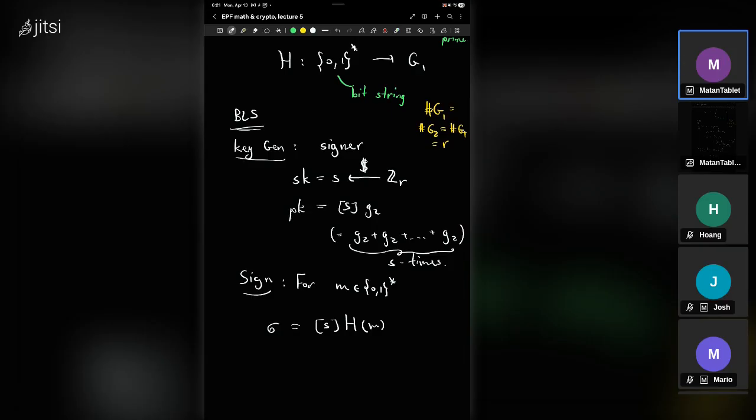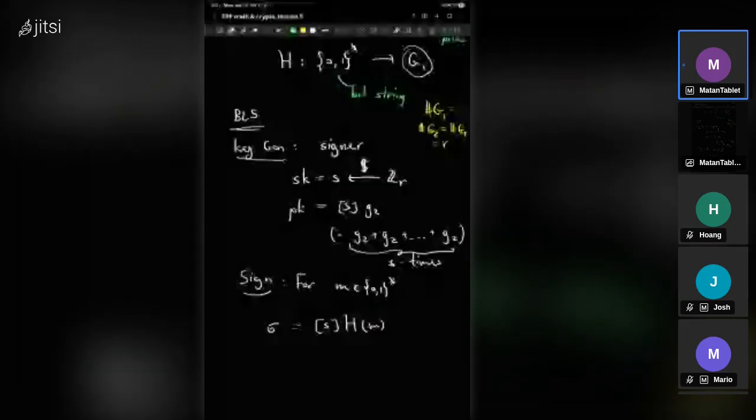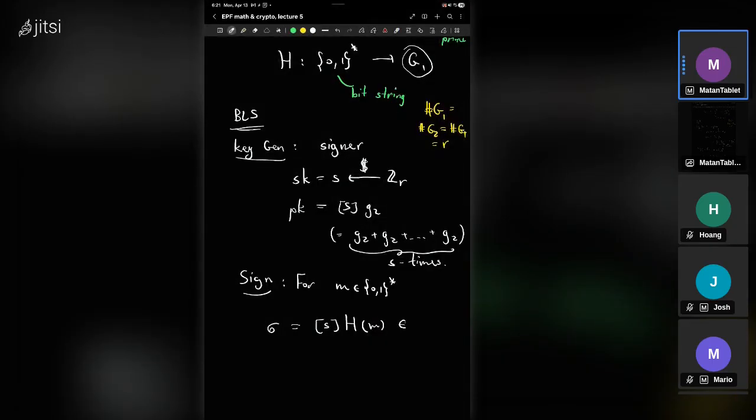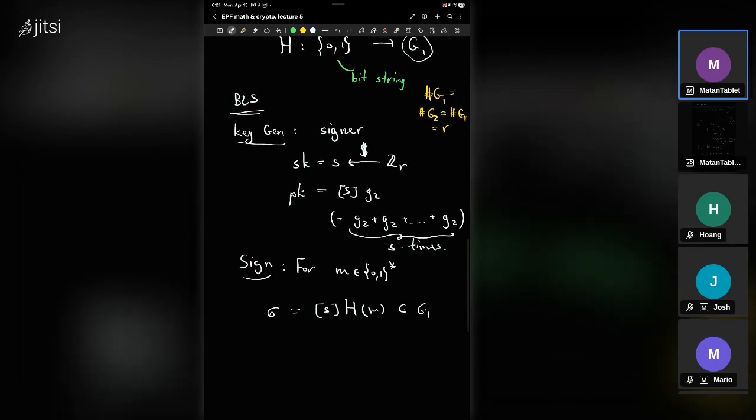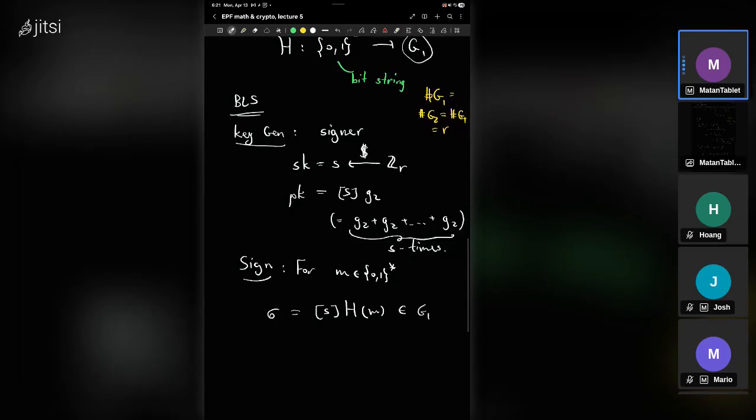And remember, H falls into G1. So the signature sigma is an element of G1. So the public key is an element of G2, and the signature is an element of G1.